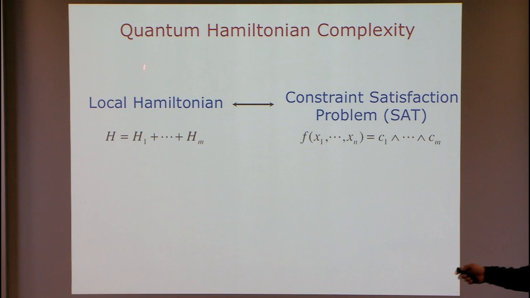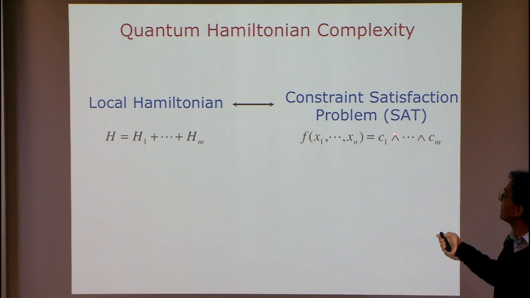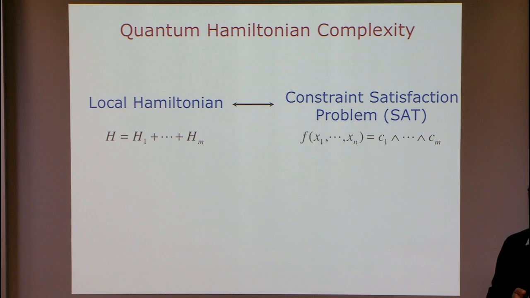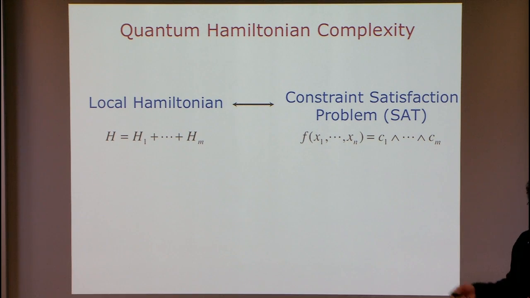And it turns out that these two problems are very closely related. In fact, the local Hamiltonian problem is a generalization of the constraint satisfaction problems. This is the quantum generalization of that, or that's the classical restriction of the local Hamiltonian problem.